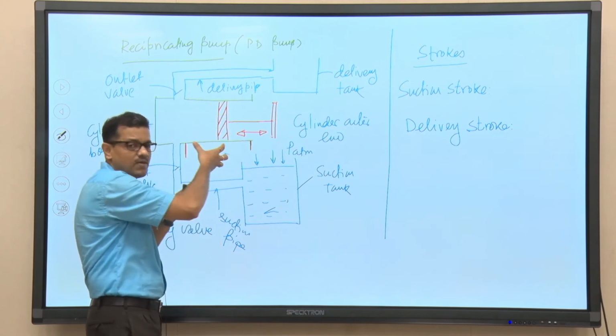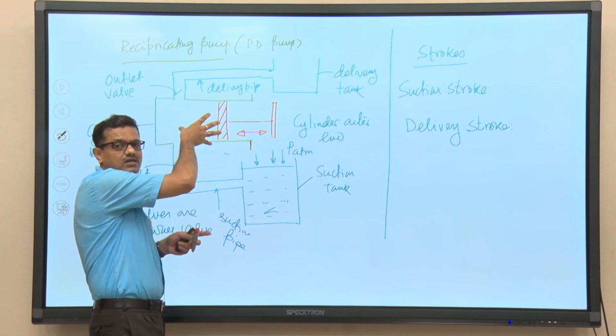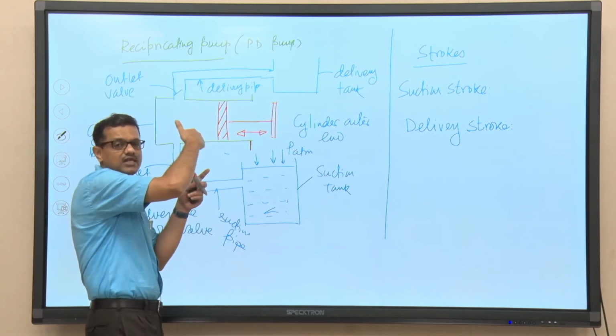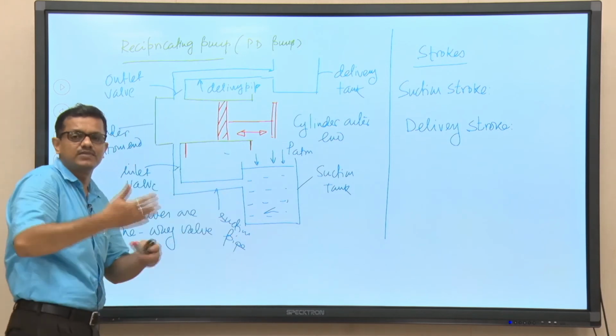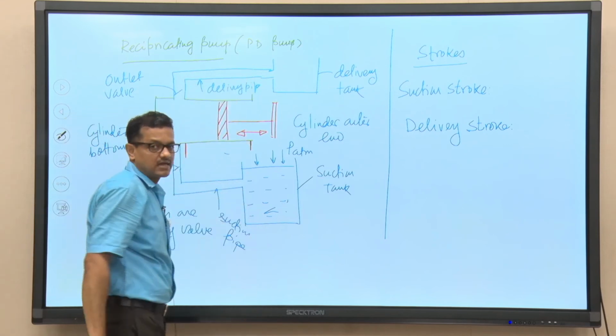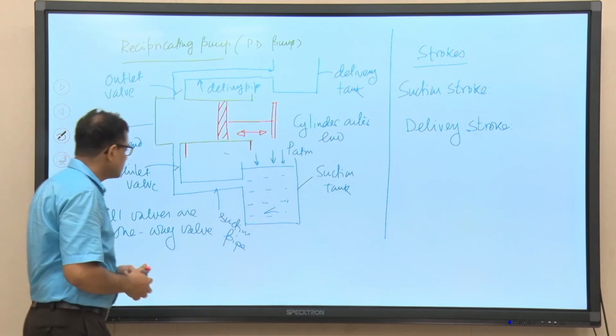So, here it is completely different. A certain amount of liquid mass will be drawn into the cylinder during the suction stroke, and in the delivery stroke that amount of liquid will be displaced. So, there will be a positive displacement of the boundary of that liquid mass through the delivery pipe into the delivery tank. So, that is why the name is positive displacement.